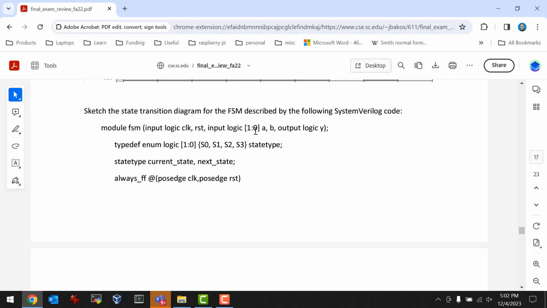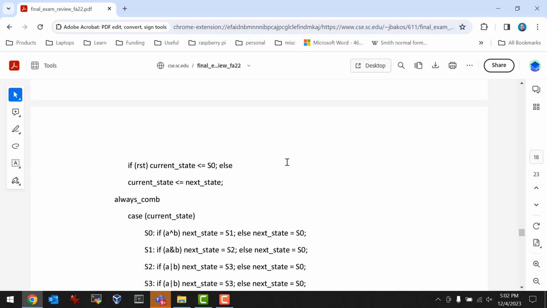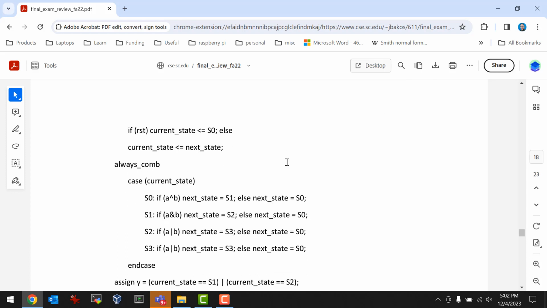I think they were supposed to be 1 bit each, because it's kind of confusing if they're 2 bits. So I'm going to assume they're 1 bit. So I'm going to say they both have to be 1 to take that transition. Otherwise, you go back to S0. That's your default transition.